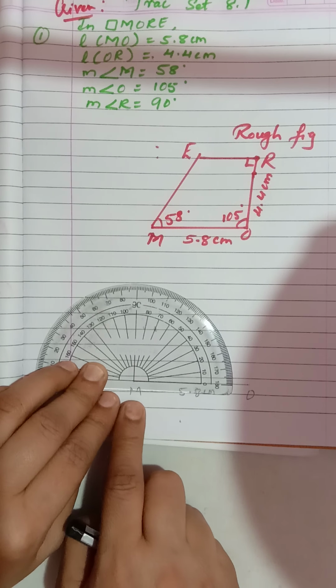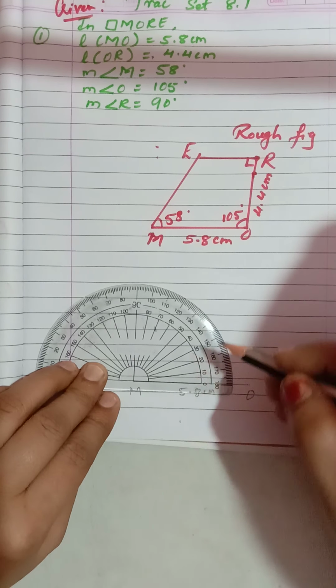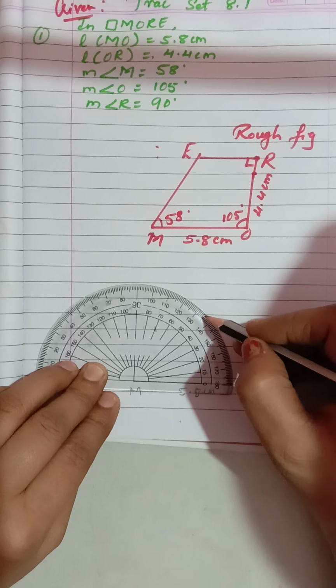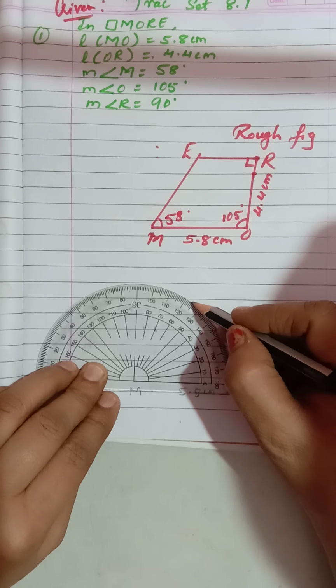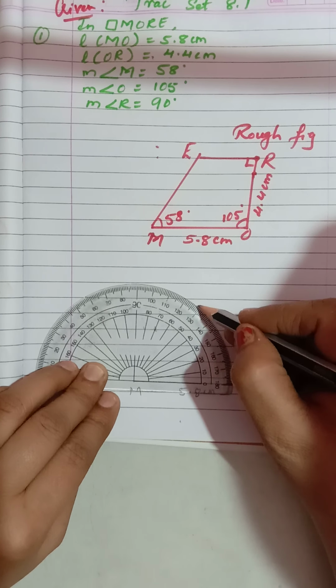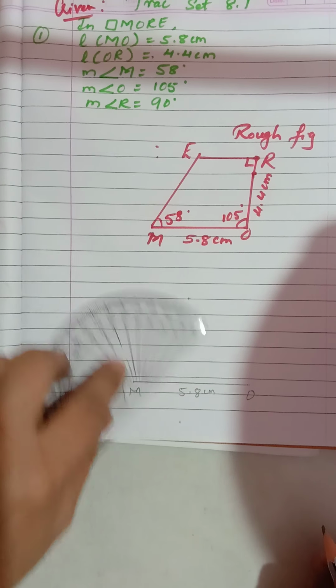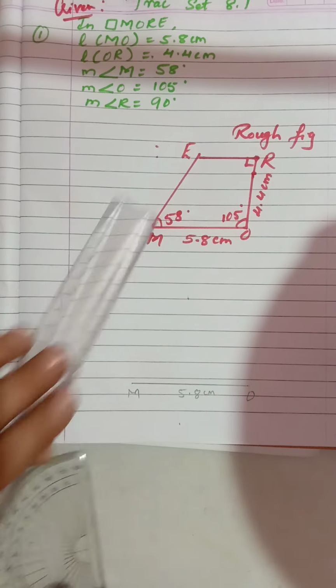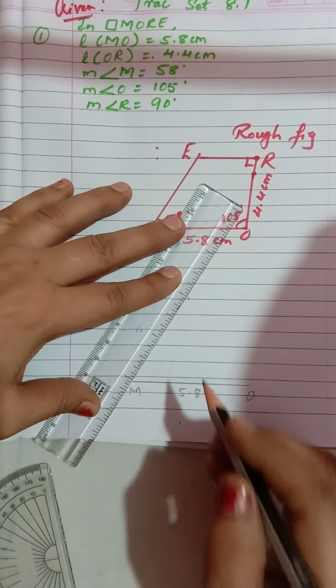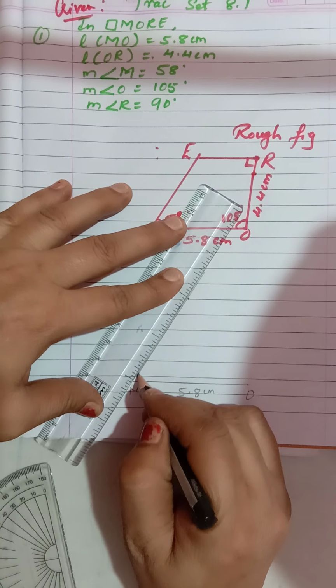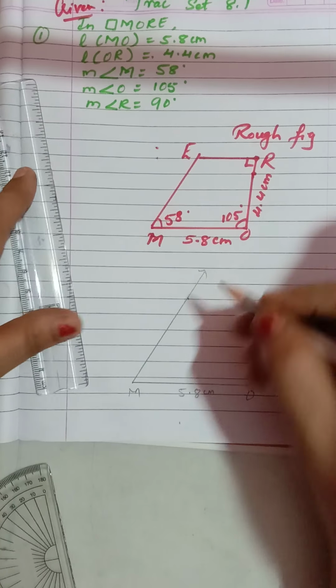M point, because angle M we are drawing, that is 58 degree. Now where is your 58 degree? Here, 55, 56, 57, 58. So here is your 58 degree. With the help of this, draw 58 degree.